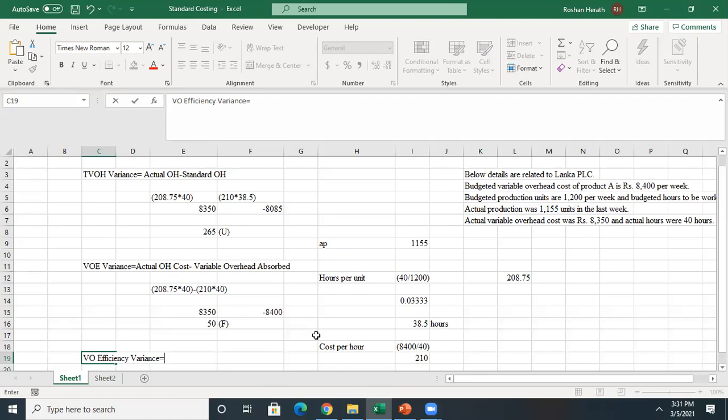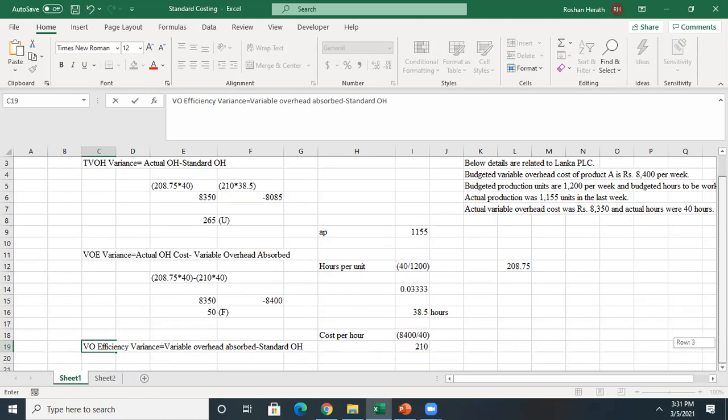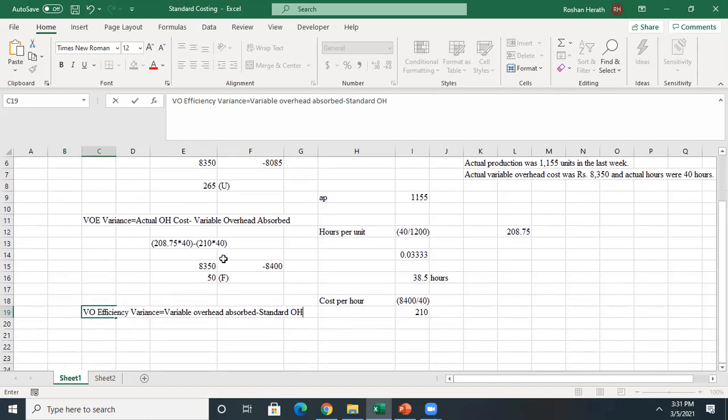දැන් මම කියනවා ඔයා variable overhead, you can take the variable overhead absorbed minus the standard overhead. ඔකට තමයි යන්නේ. එතකොට සරලවම හිතුවොත් මේ අවස්ථාවේදී අපේ වෙනස් වෙන්න පුළුවන් සාධකයේ තමයි cost එක නෙමෙයි මොකක්ද hours ගන්න. මොකද අපි බලන්නේ efficiency එක. එහෙනම් ඔයා නැවතුනේ variable overhead absorb.